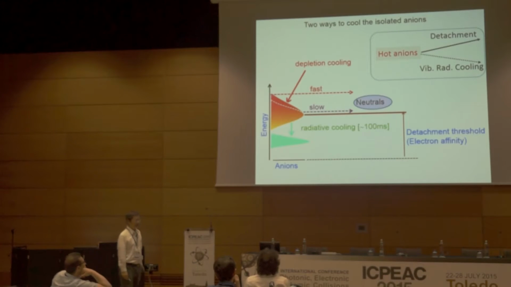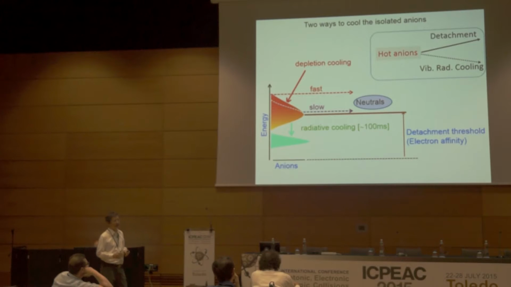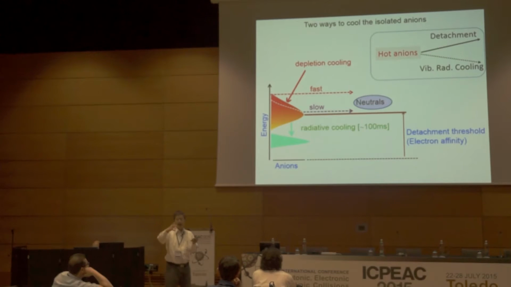And the detachment rate is a function of the internal energy. Of course, it's faster for energetic ions. So during the storage, the high energy component is preferentially removed from the storage ring. This is a kind of cooling, so we call it depression cooling.